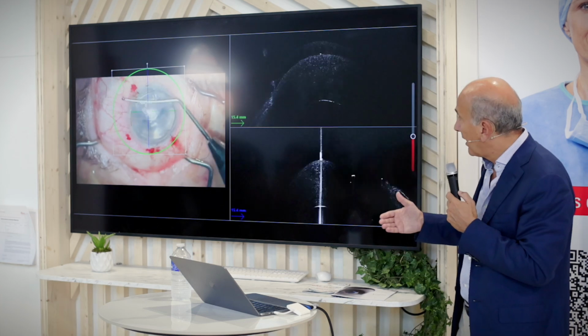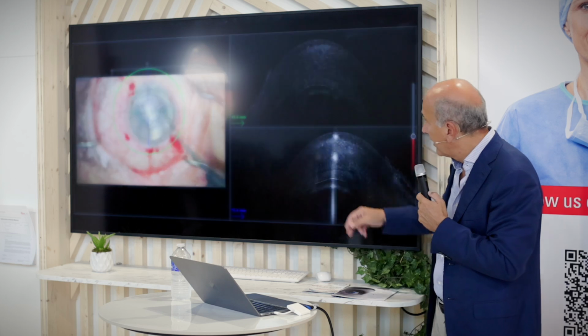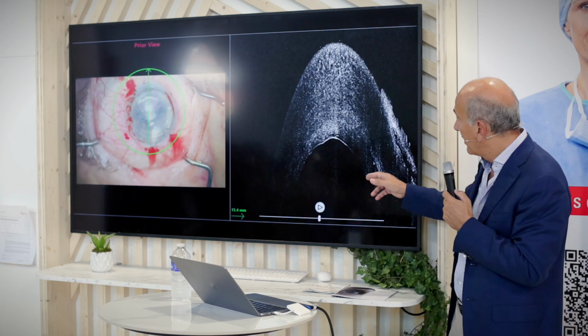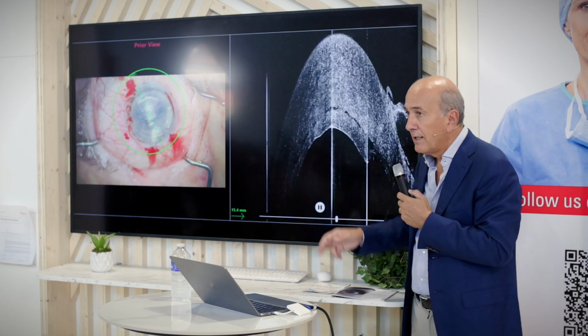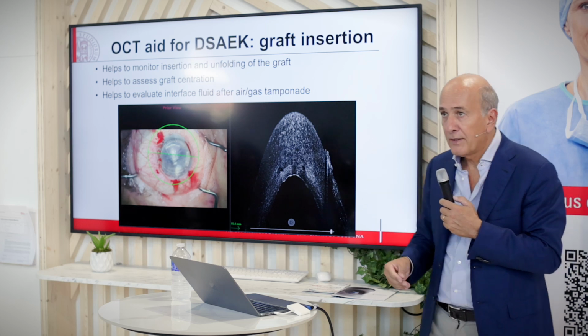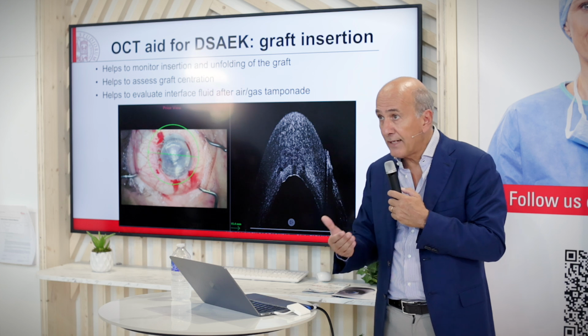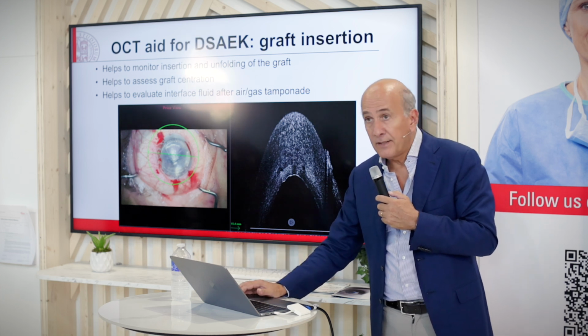In this case, I'm massaging the cornea in order to remove this fluid, and at the end, I do a raster scan, and I can be 100% sure that the two layers are perfectly adherent, okay? So this is another add-on to a DSAEK procedure.